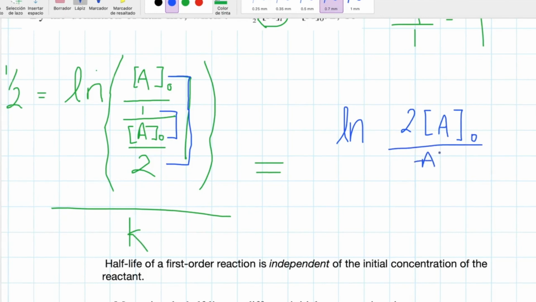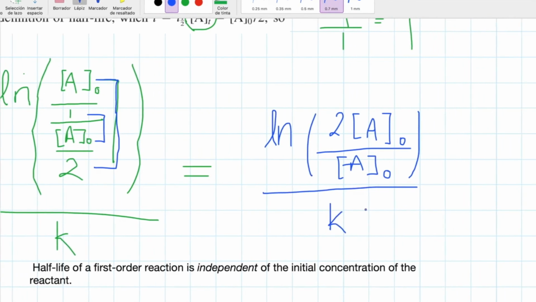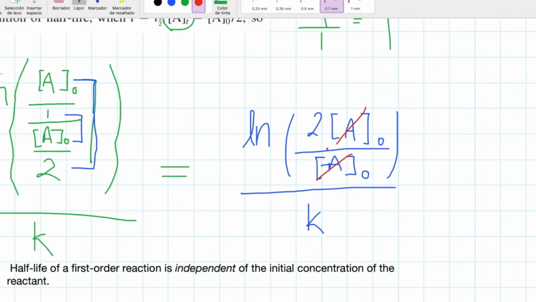So ln of 2 times initial concentration over initial concentration, all over k.